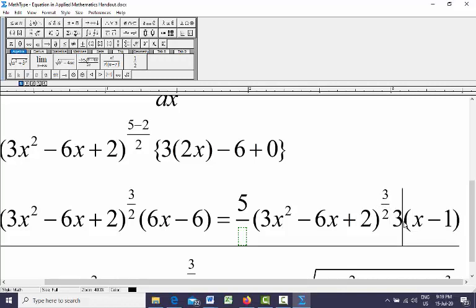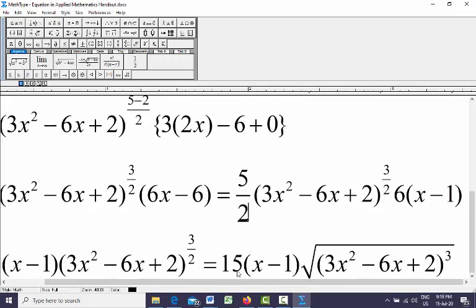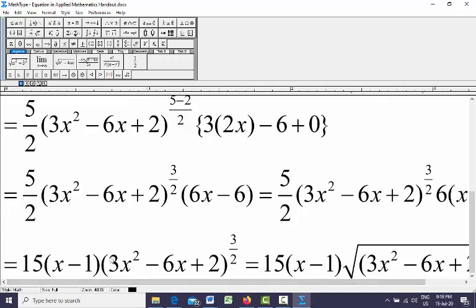So this 3 multiplied by this 5, we will have 15. So we will have 15 into x minus 1 multiplied by, so this 6 and 2 cancel each other out.